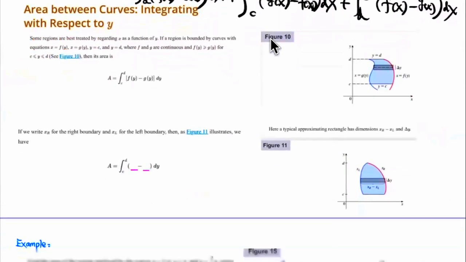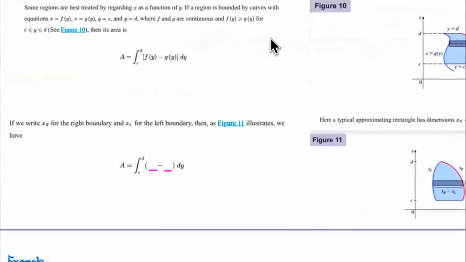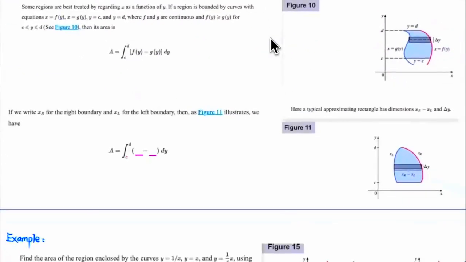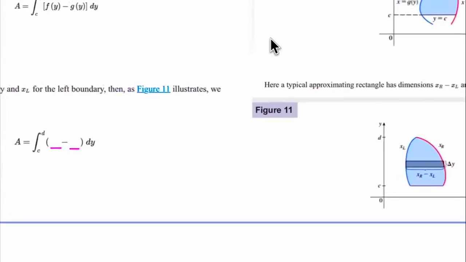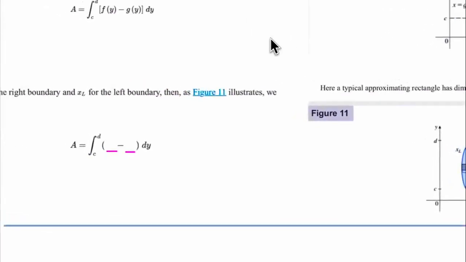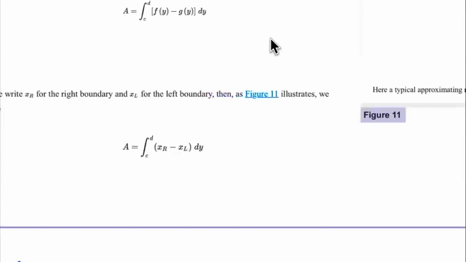All right. Now for this one, another way to write this is the x coordinate on the right, subtract the x coordinate on the left, and then dy. So this formula is x on the right, subtract x on the left, dy.